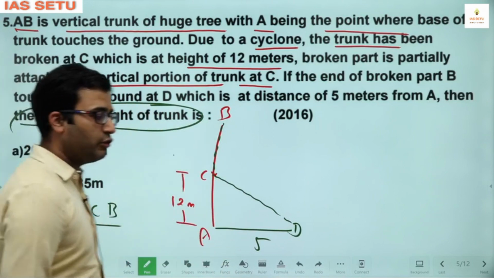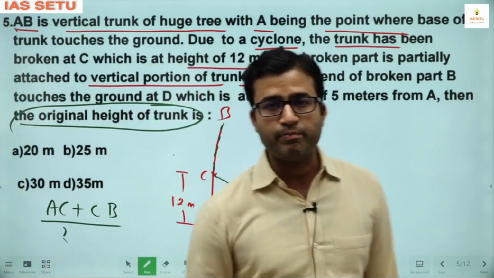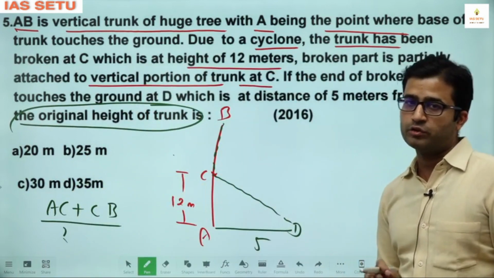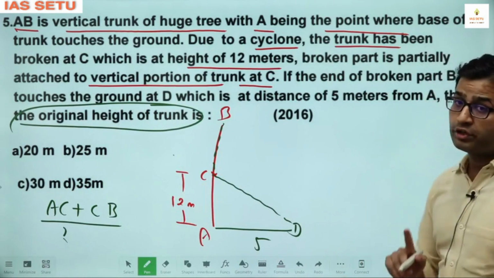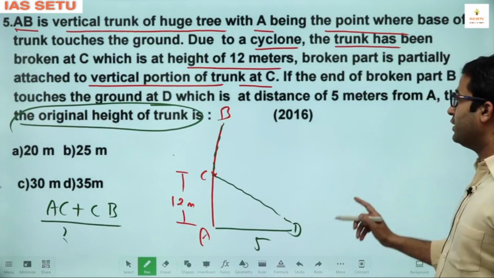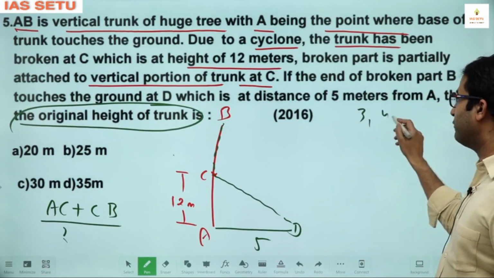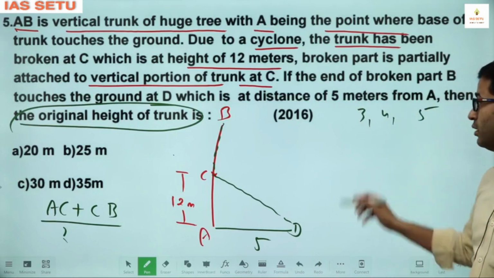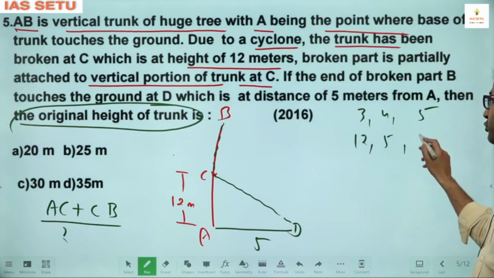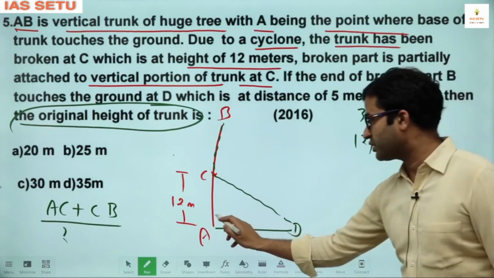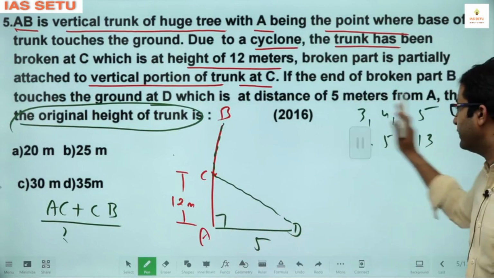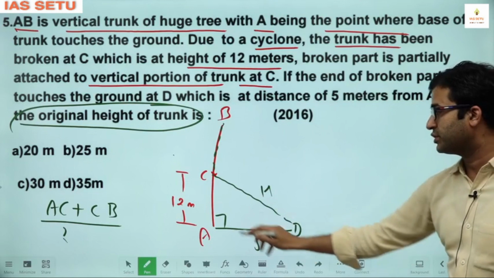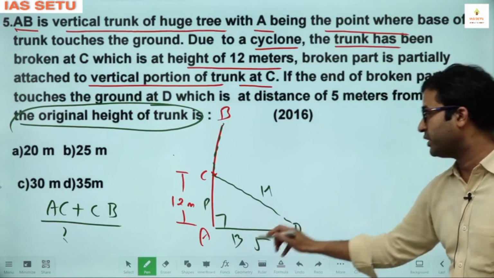There is a wonderful thing in geometry, the Pythagorean triplet or Pythagoras theorem. I have given you the table here where 3, 4 give you 5, and 12 and 5 give you 13. This is a right angle triangle, 90 degree. This is the hypotenuse, this is the perpendicular, this is the base.